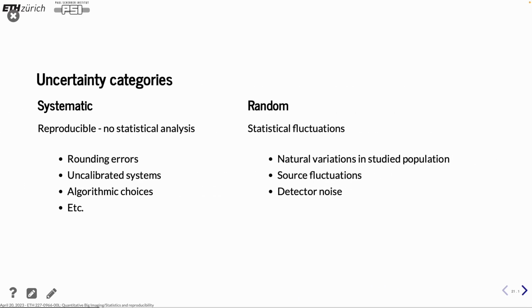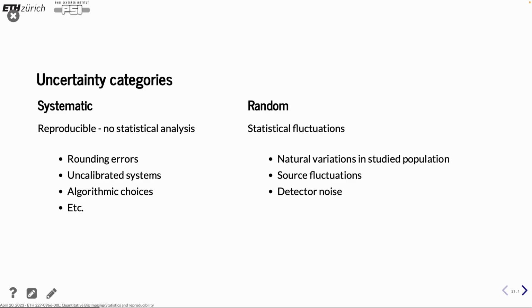And then we have different categories of the uncertainties. So we have systematic and random. The systematic ones you get from rounding errors, uncalibrated systems, maybe even from algorithmic choices. And the random part is from variations within the population. Could also be fluctuations in the source.